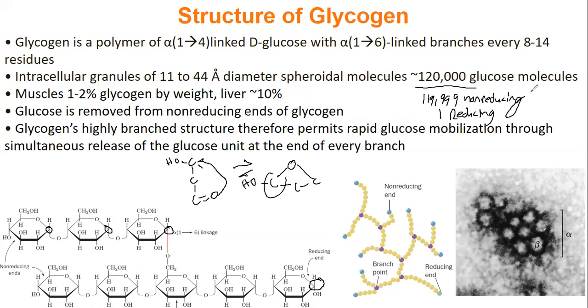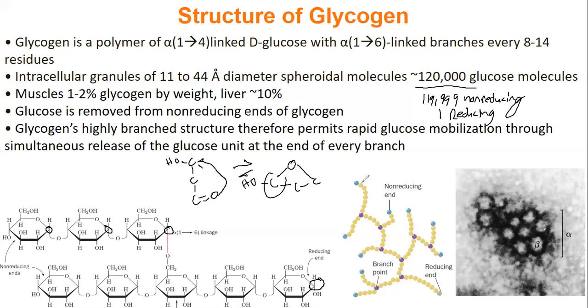Why that's good for us is that the enzyme that chops up glycogen and releases free glucose that we can use for metabolism only works on the non-reducing ends. So let's say that you are lifting weights, and you are using a lot of ATP to lift something heavy in your muscle.